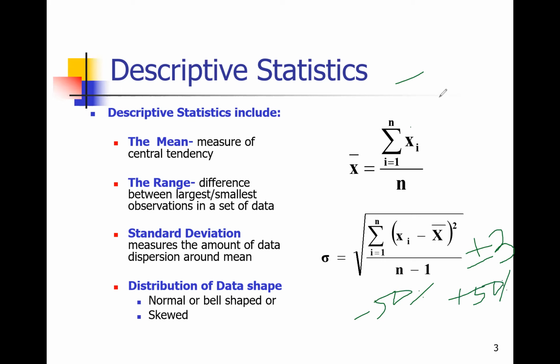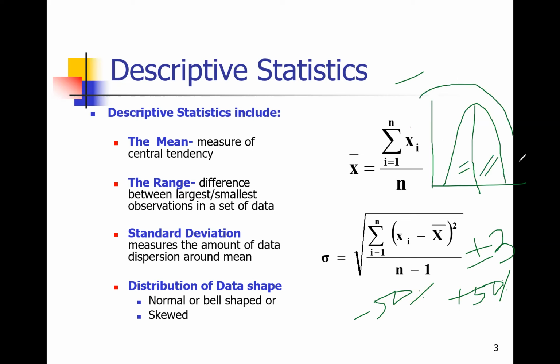Then you can get the normal shape. If it is normal, then this will be like this. That means 50% will fall in this area, the rest 50% will fall in this area.